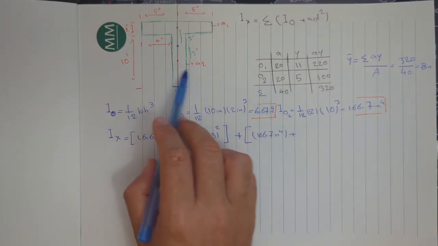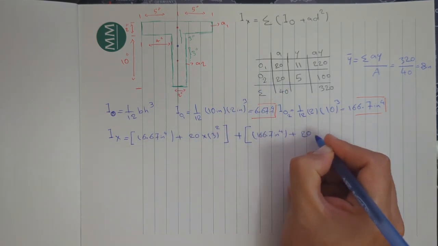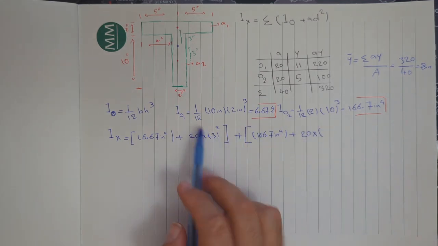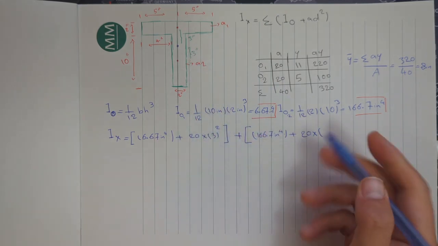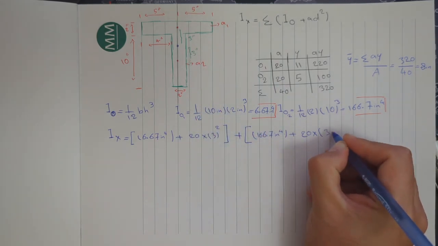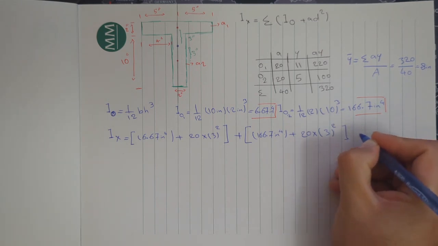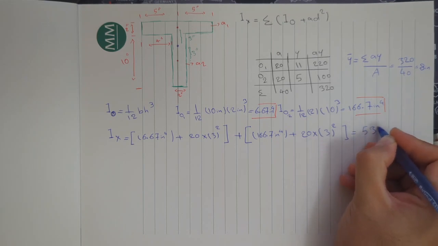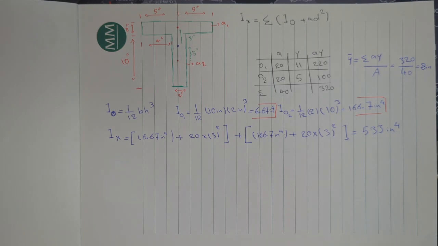The area for object number 2 was 20 multiplied by, how much was the D for object number 2? So this is D for object number 2, 3 squared. So the answer is 533 inches to the 4.